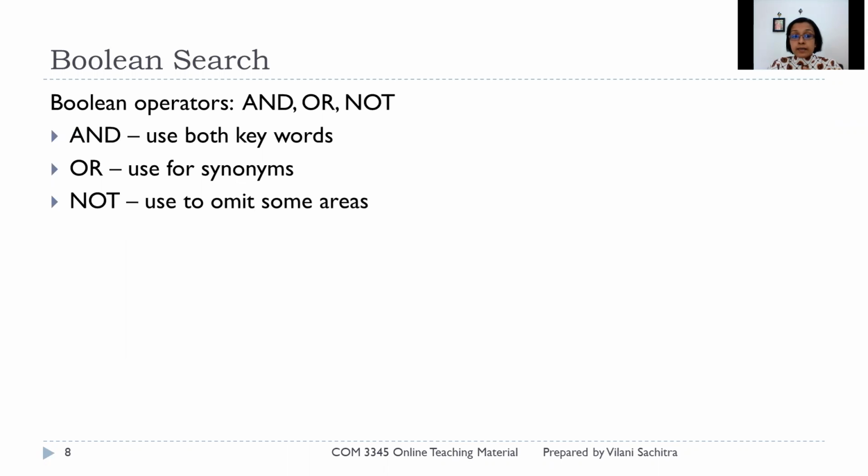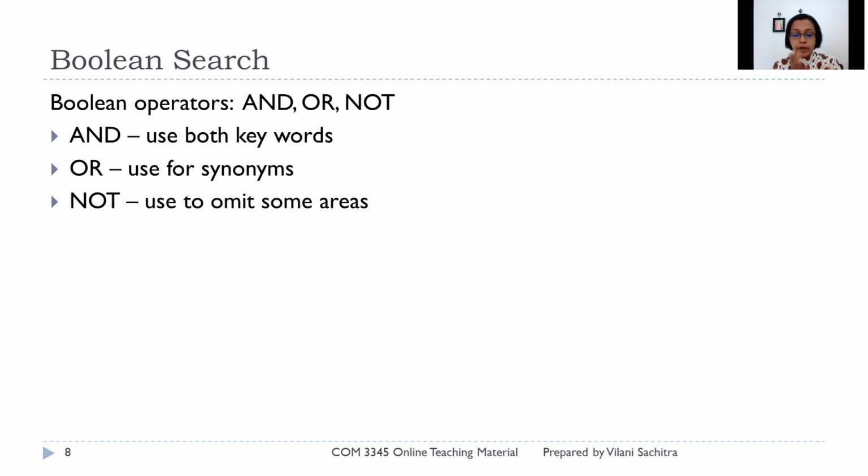Okay, and the other one is NOT. The other Boolean, NOT, means we do not need to include that thing in your research area. Okay, so for an example, now we already know that work from home has been identified in IT sector employees. Right now we are not interested in IT sector related work from home articles.